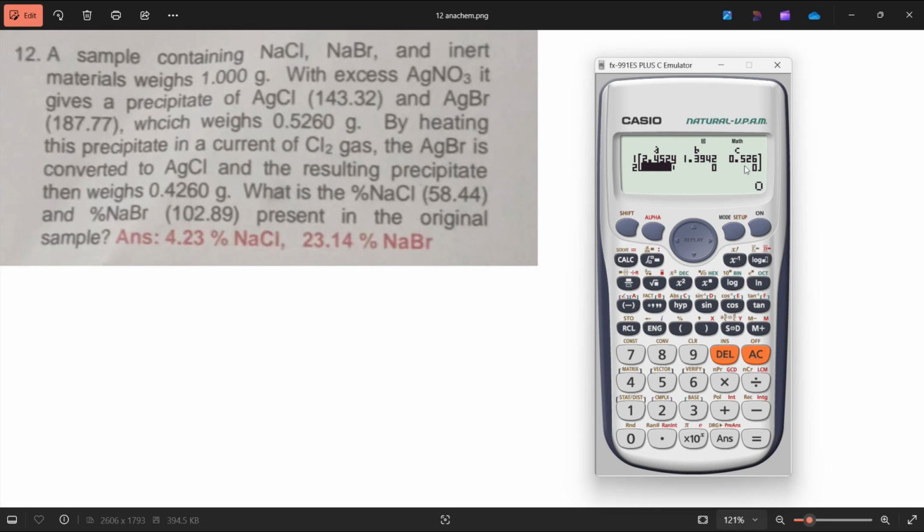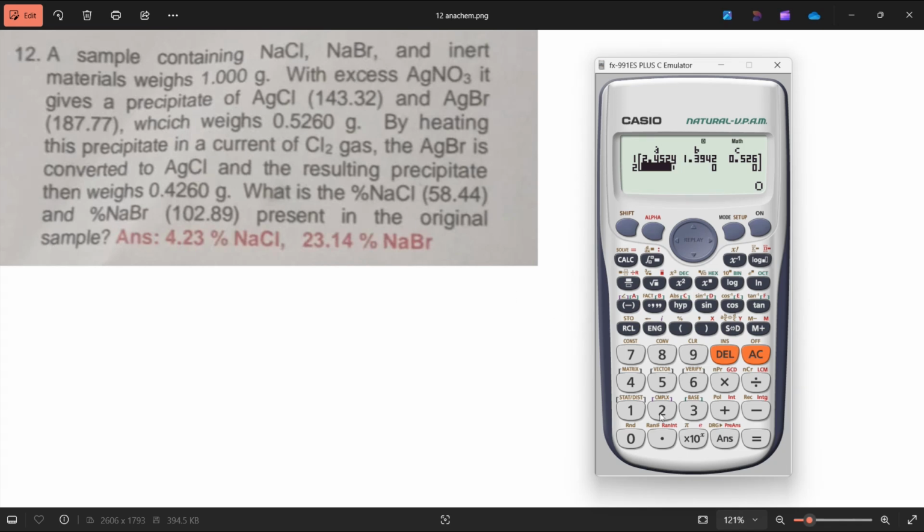Now, how are we going to do that? The story is still the same as the first part. You still need to get the relationship with your AgCl and your NaCl and NaBr.